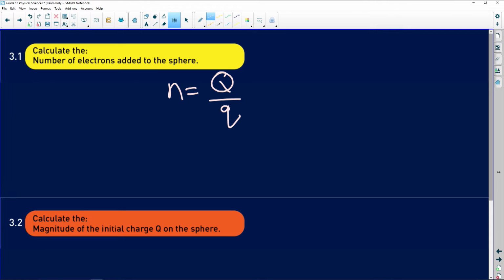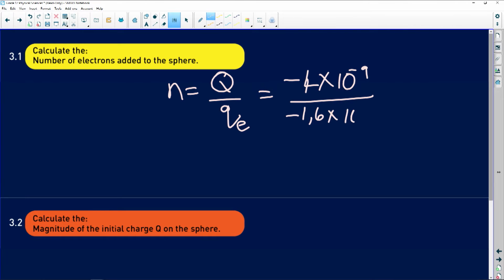This big Q is the total charge, which was -4 × 10⁻⁹ Coulomb, and the charge of an electron is -1,6 × 10⁻¹⁹. You will get this value off your information sheet for the charge of 1 electron.